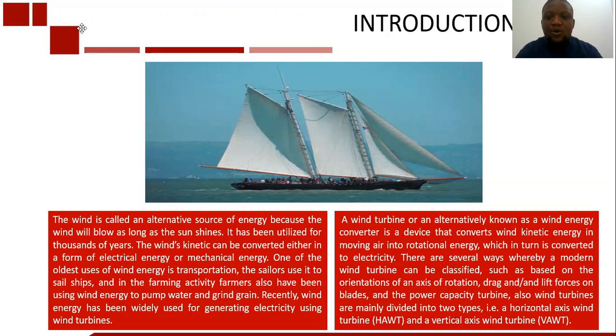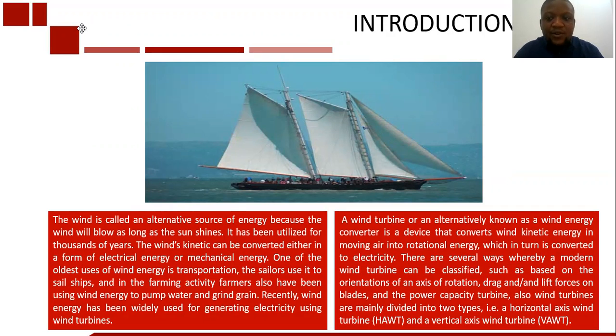A wind turbine, also known as a wind energy converter, is a device that converts the wind's kinetic energy in moving air into rotational energy, which in turn is converted into electricity.